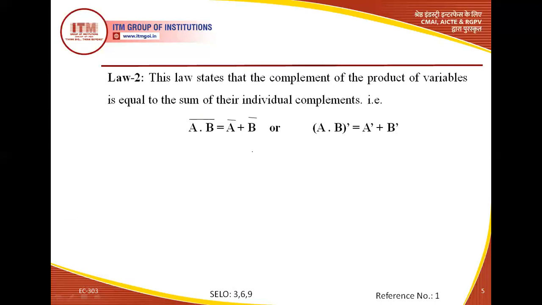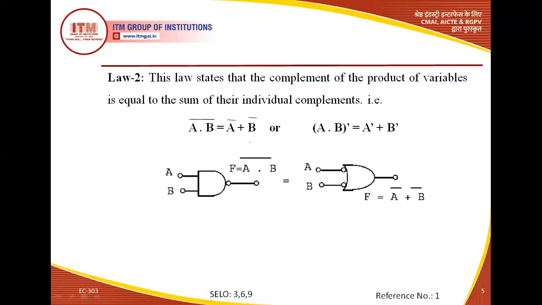Now if we realize this function by using logic gates, this is the function of NAND gate, and this is the function of bubbled OR gate. So (A dot B) whole bar is realized by using NAND gate, and A bar plus B bar is realized by using bubbled OR gate.